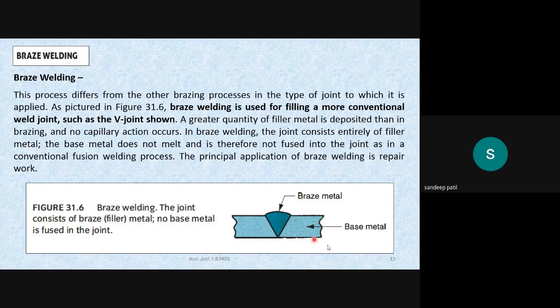So here the base metal is not going to fuse into this joint. What is exactly going to join here is that the filler metal is going to melt and join with the base metal, but the base metal is not going to mix with this filler metal. So that is the difference between the other fusion welding processes and the braze welding process.